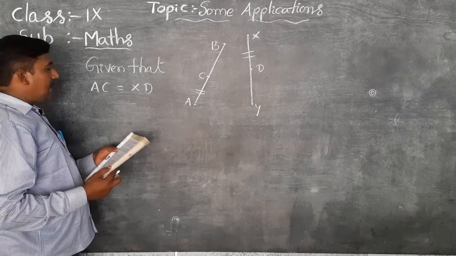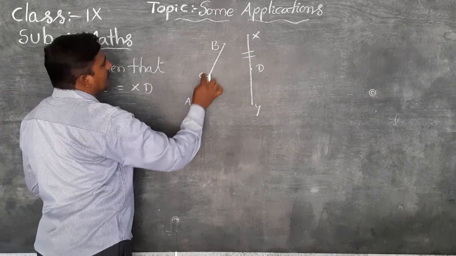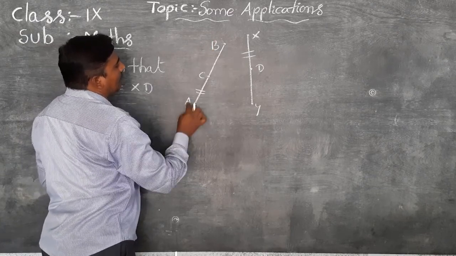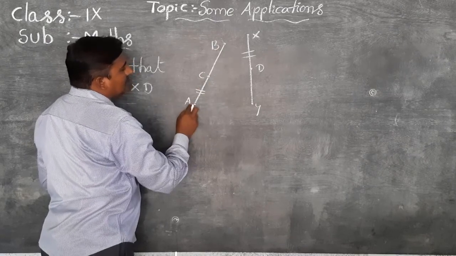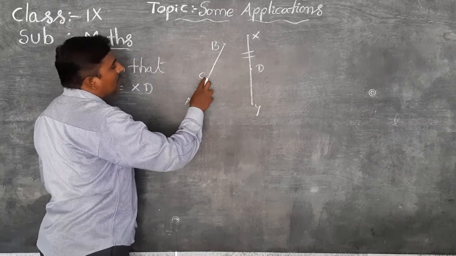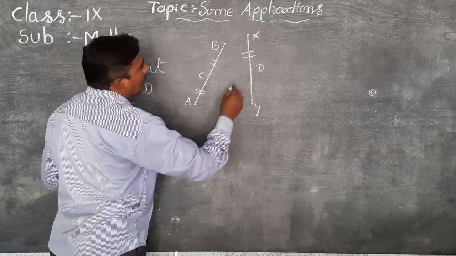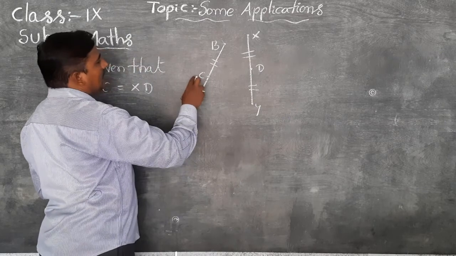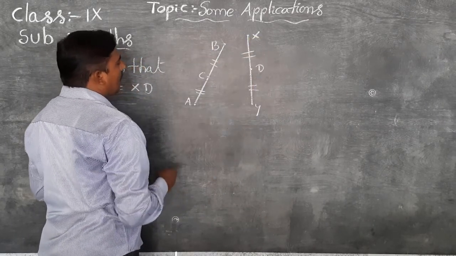C and D are the midpoints. C is the midpoint of AB. If AB is a total of 10 centimeters, C divides it into half, here half, here half. So here AC is equal to BC. Then XD is equal to DY.